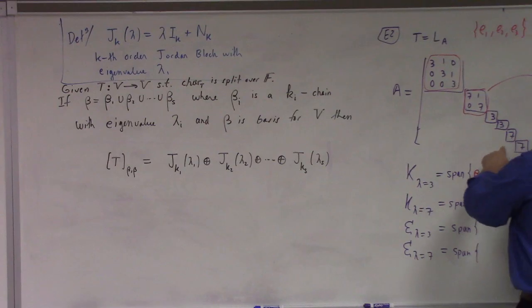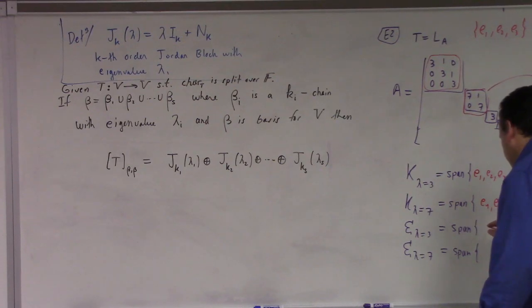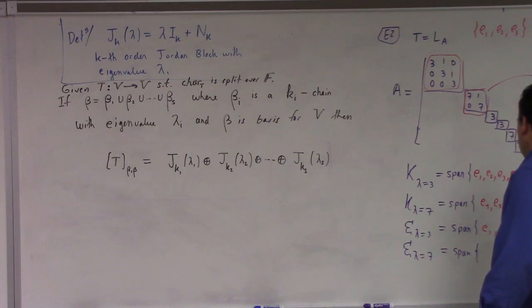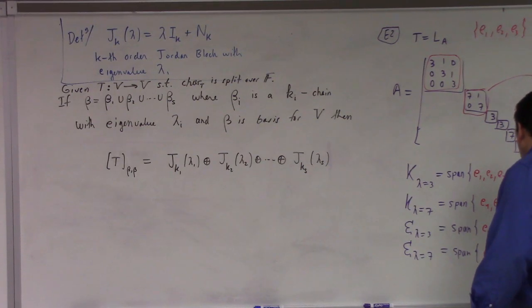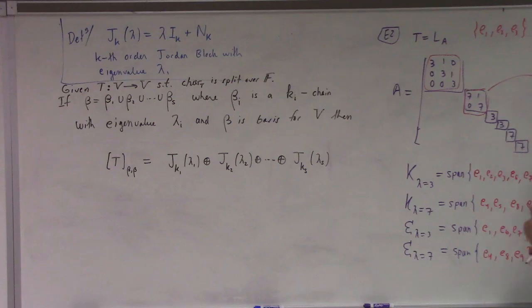My eigenspaces here are just E1, E6, E7 for the 3 eigenspace, and for the 7, I need E4, E8, and E9.